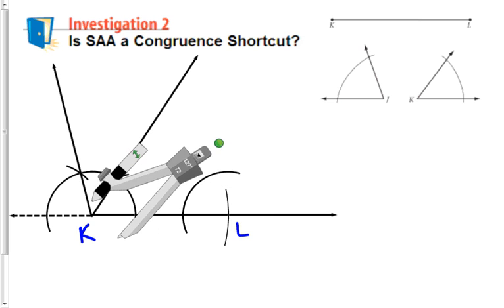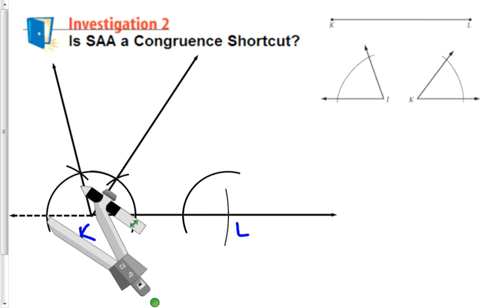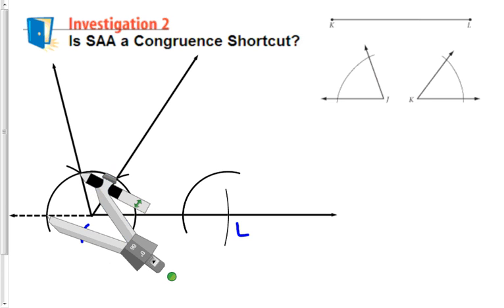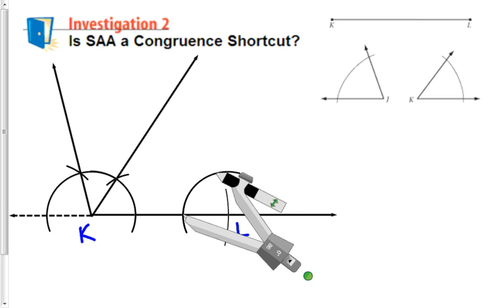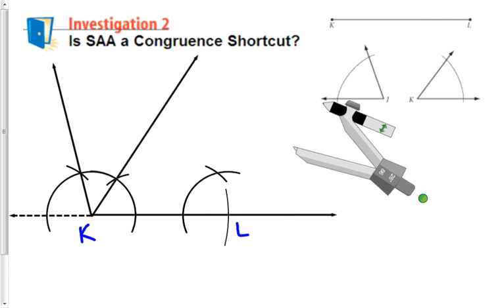Now I measure the opening of the angle. And I put my compass here and I strike the arc. So now the second ray of angle L goes from there right through there. And that means that this is point J.